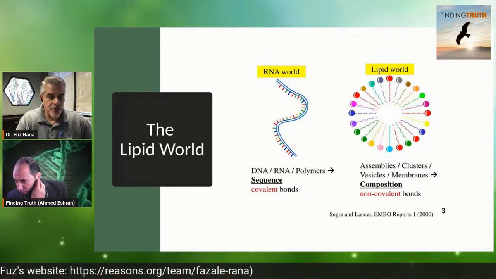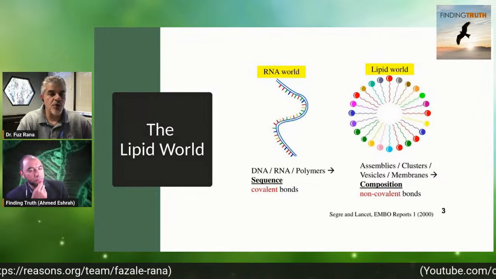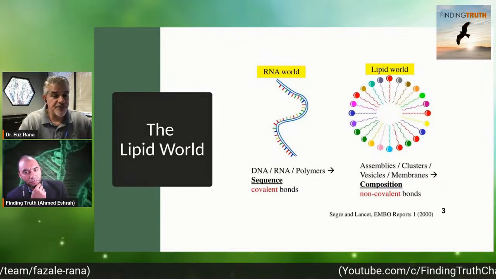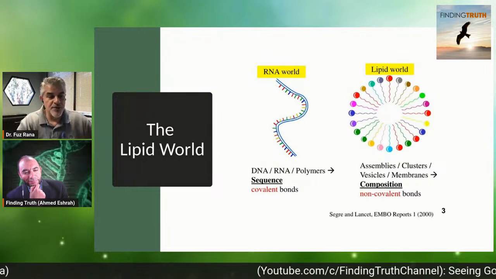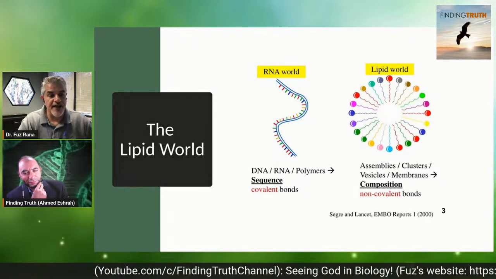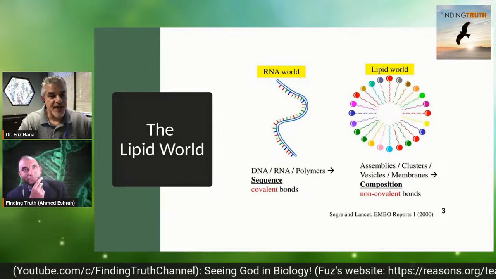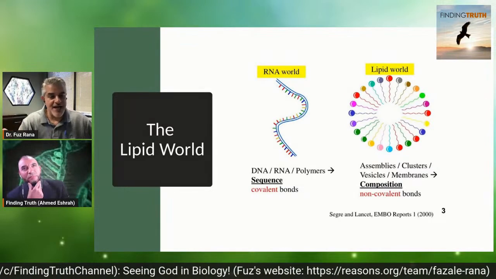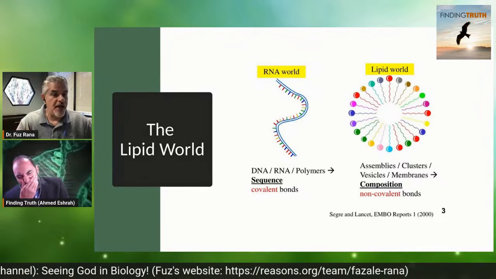And he proposed something called the lipid world. He's an origin of life researcher presenting another model for the origin of life that would be a companion or competitor to the RNA world, right?